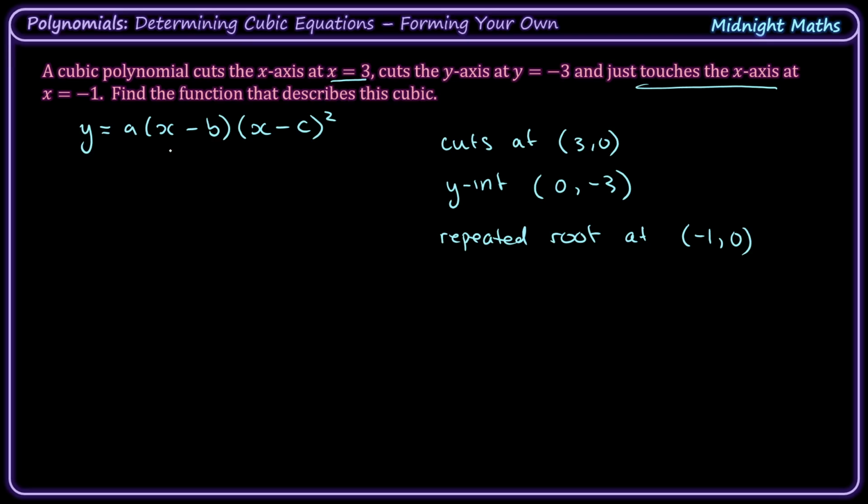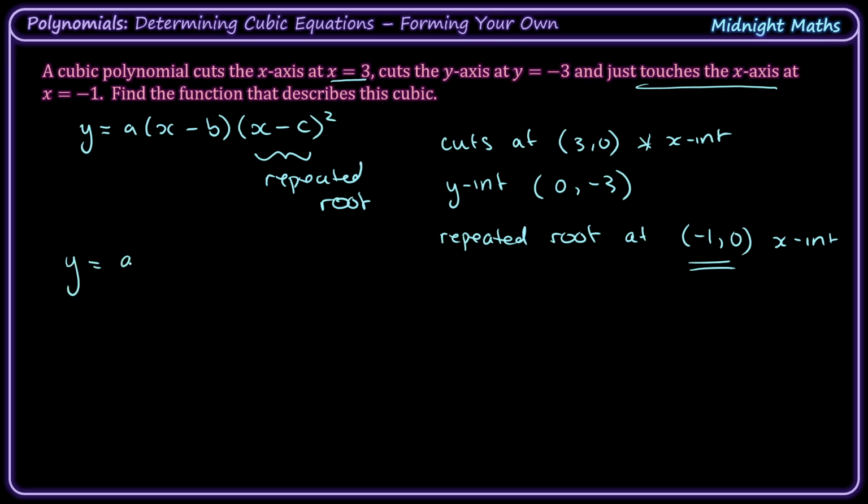Now we can see from here and here, these are the parts that will correspond to the x-intercepts. So this is an x-intercept, and then this is an x-intercept. But this is the repeated root one. So the one inside the square, this is the repeated root. And then anything else is where it could cut the x-axis. All right, so if it cuts the x-axis at positive 3, then we have to put minus 3 into the bracket.